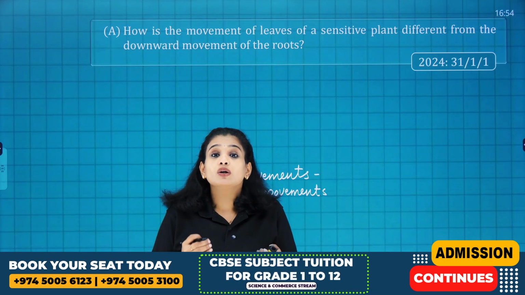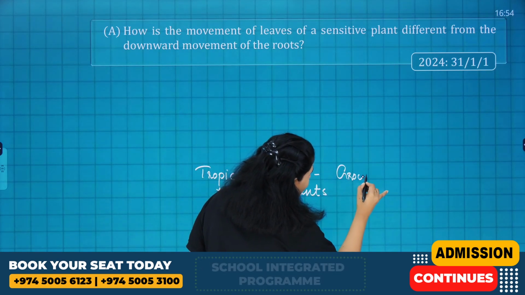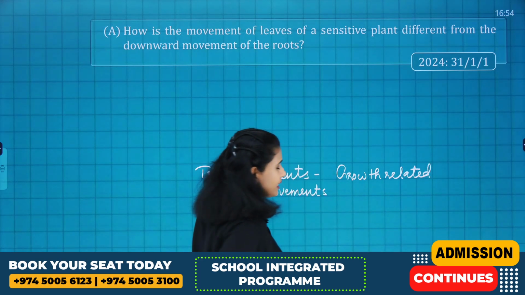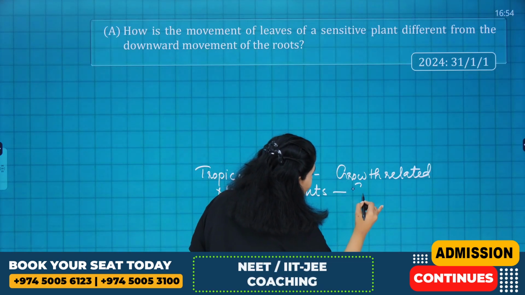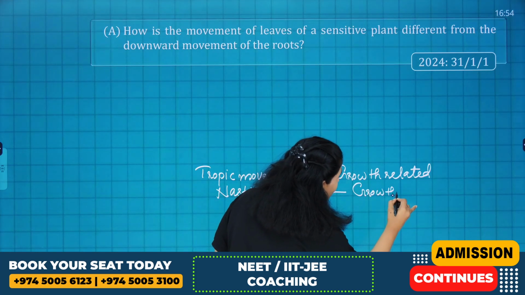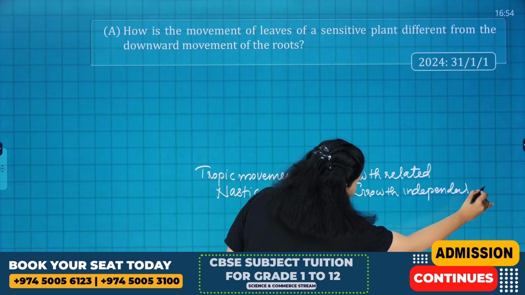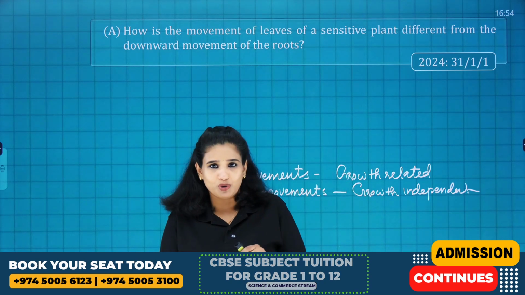Tropic movements are growth related movements. And what about nastic movements? It is independent of growth. It is not related with growth.